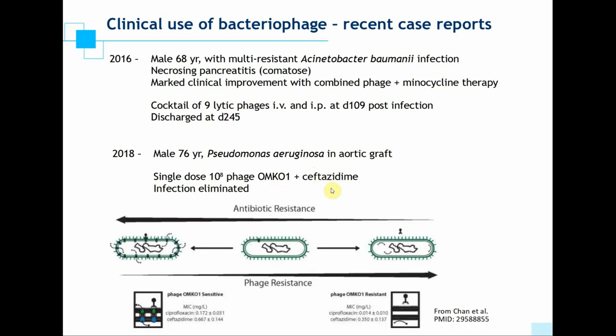Now, what is clever about it is that the phage receptor here for the OMKO1 phage is an efflux pump. So this is a membrane protein in Pseudomonas which exports antibiotics. So it's one of the mechanisms of antibiotic resistance in this bacterium.